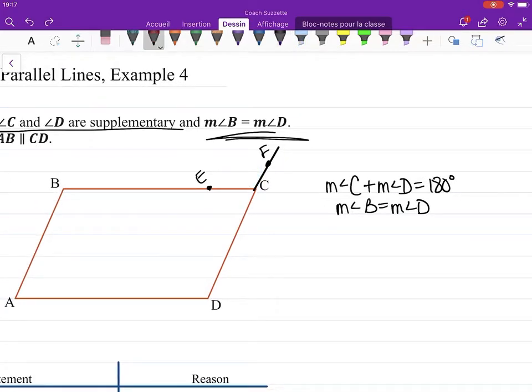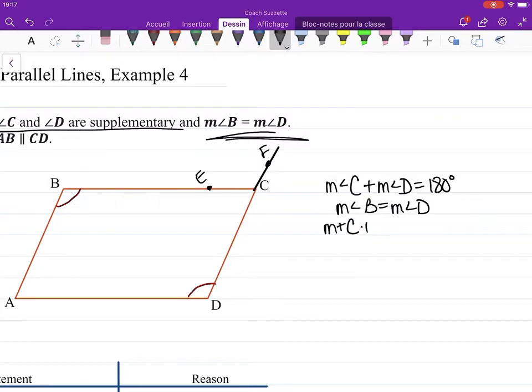So in the diagram, we'd show B and D were equivalent like this. And we know that this angle plus this angle is 180. But what's the relationship between these two angles? Let's find out. So if we look at this, that's a linear pair, and so the sum of their measures is also 180.